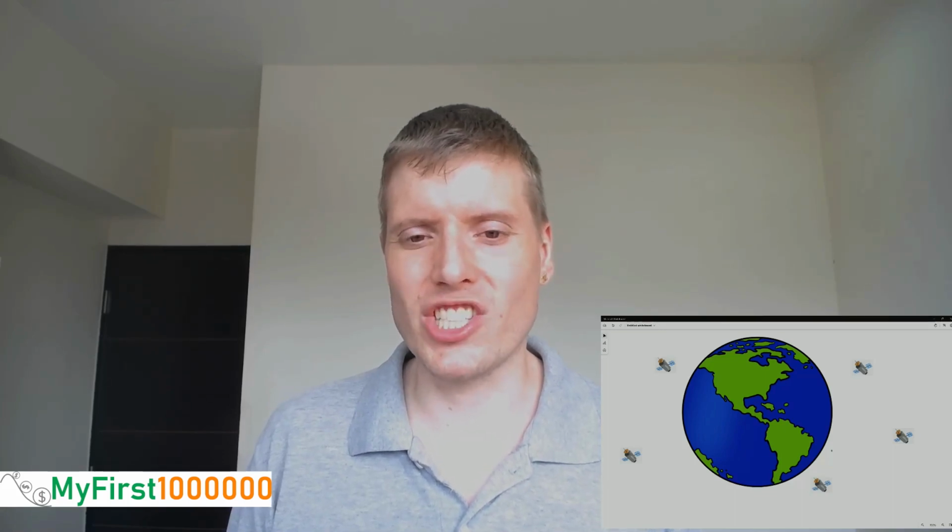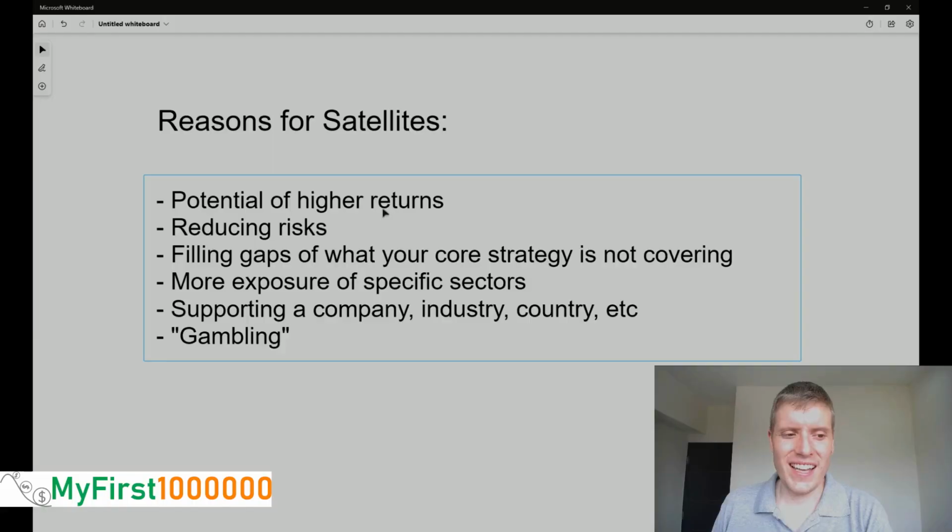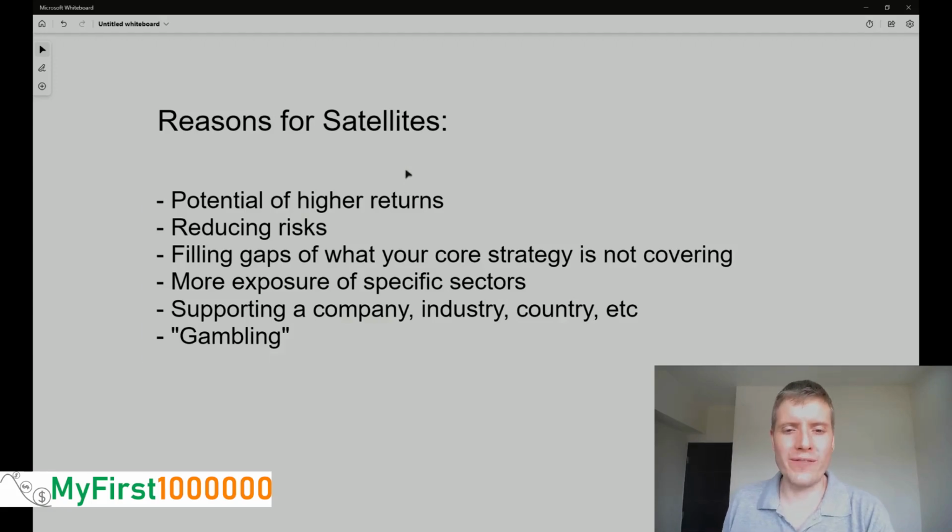What are potential satellites? And here are potential reasons why you want to consider satellites around your core, outside of your core investment strategy. I think the most common reason why people want to have other investments on the side is the hope of potential higher returns.